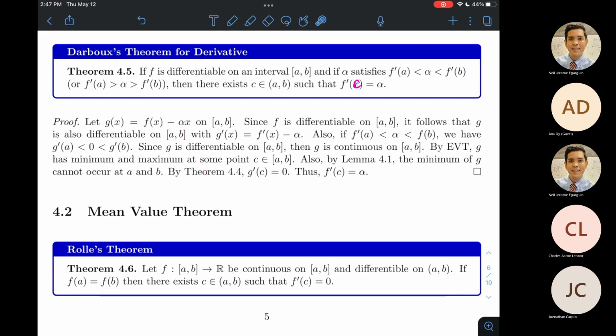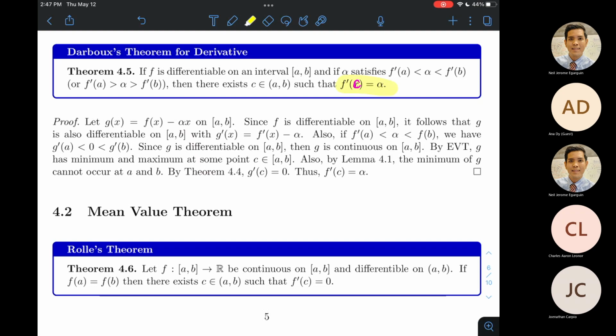Okay? Pero as we go along, as you read such proofs, nagiging familiar kayo sa mga techniques o mga galawan sa analysis, minsan marirealize nyo, oo nga, ganun siya tiningnan. For instance here, our target is to show that f prime of c is equal to alpha, or we want to prove the existence of a number c such that f prime of c is alpha.